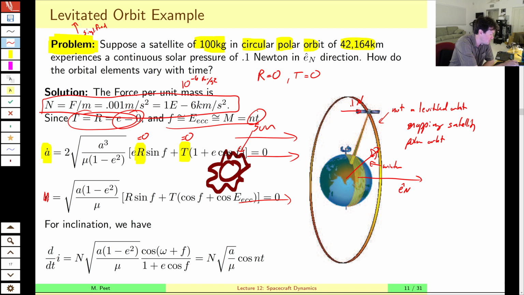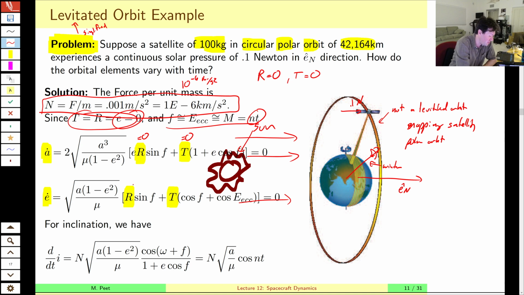Likewise with eccentricity, there's no perturbation to the ellipse, only a perturbation to the orbital plane.